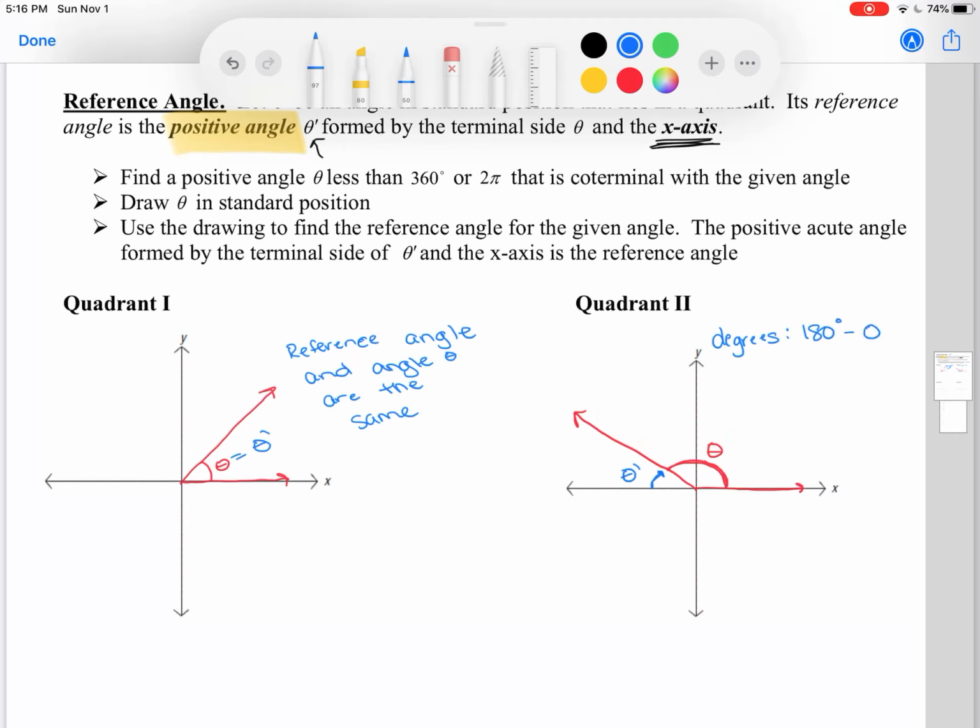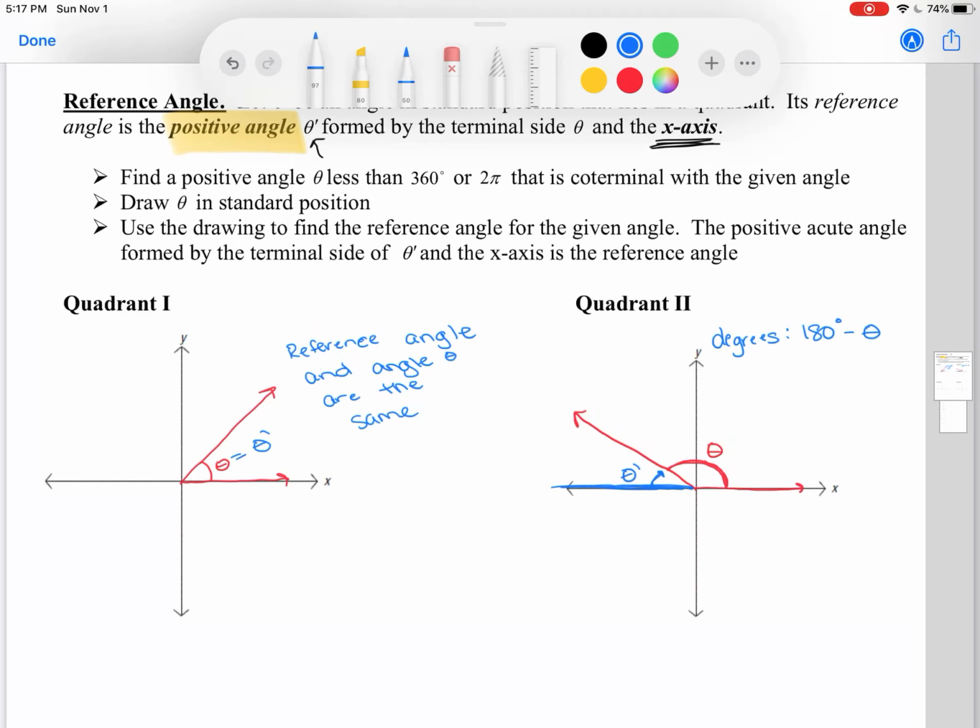So if we're talking about degrees, in order to find what my arc theta value is going to be, my reference angle, it's going to be 180 degrees first minus whatever my original theta was to begin with. And that will give me my answer in degrees. You're starting at your 180 first.